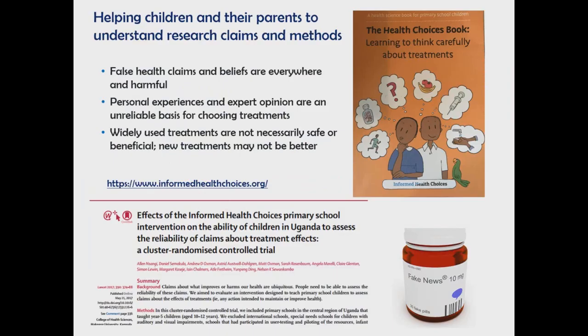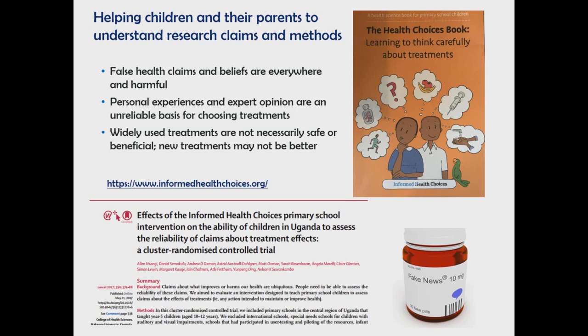But recently, another very interesting randomized trial was carried out. This was funded by the Norwegian Public Health Council, and it was a randomized controlled trial carried out in Uganda. It was targeting primary school children, and it was a trial to determine whether or not it was possible to teach primary school children how to judge the veracity of claims that are made about treatments.